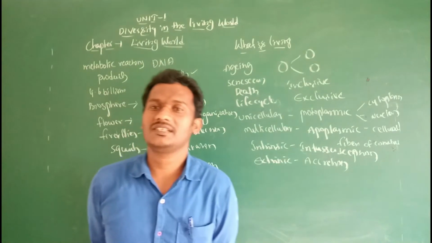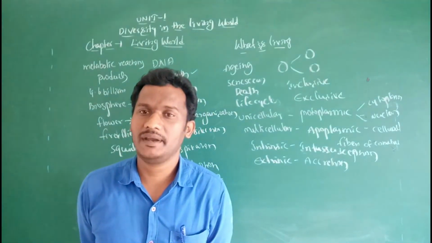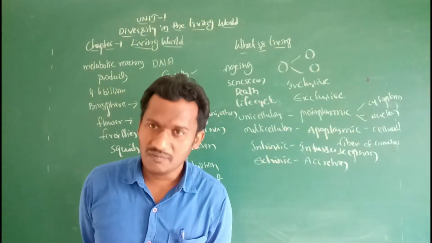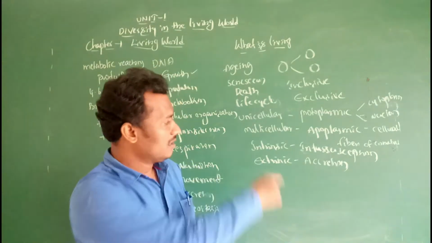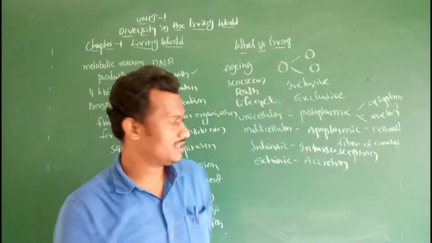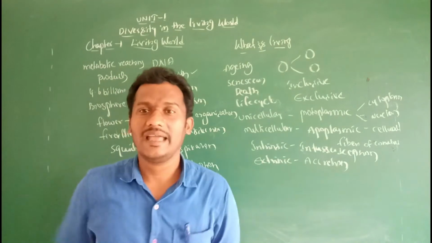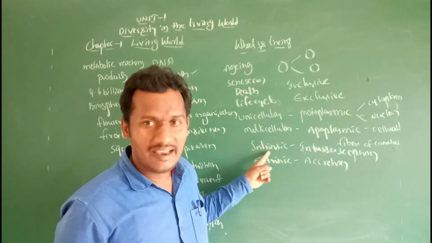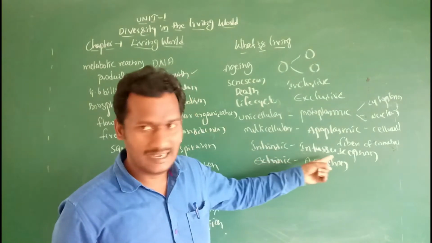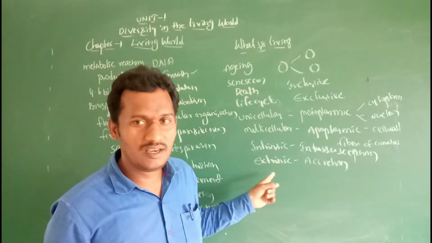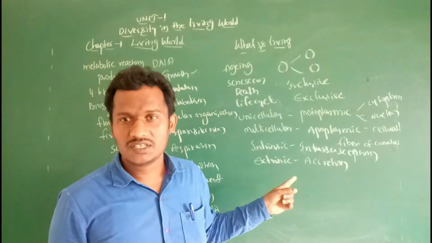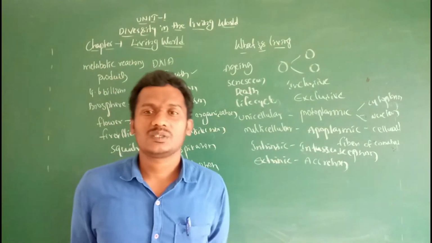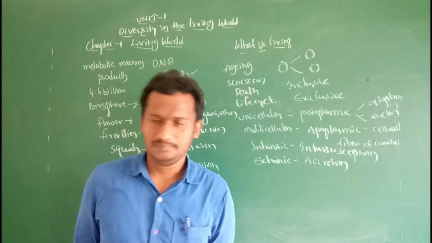So accretion means accumulation of non-living materials on the surface of non-living materials, while the inner side is known as intussusception. In living organisms, growth is intrinsic by intussusception, and in non-living things, accumulation of materials on the surface is known as accretion.